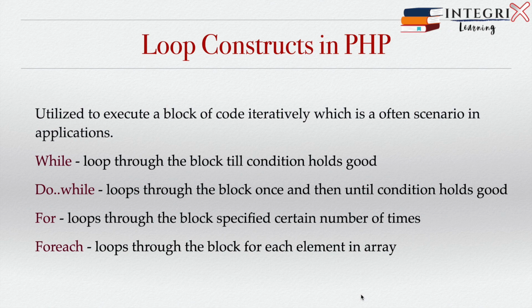A do while loop is similar to a while loop. However, here the expression or the condition to iterate through the block of code is checked towards the end of the loop. The principal difference between a while loop and a do while loop is that in a do while loop, the block of code will be executed once for sure, the first time.